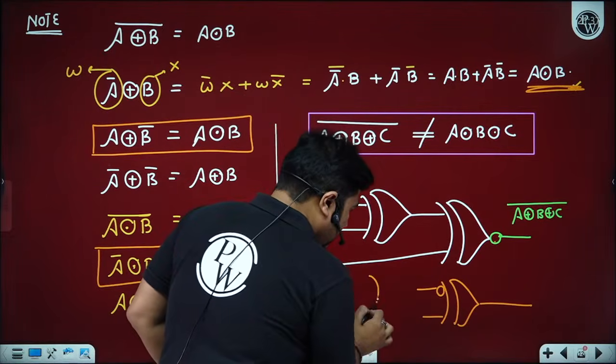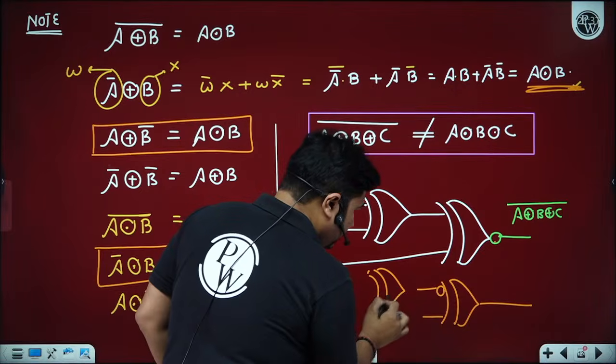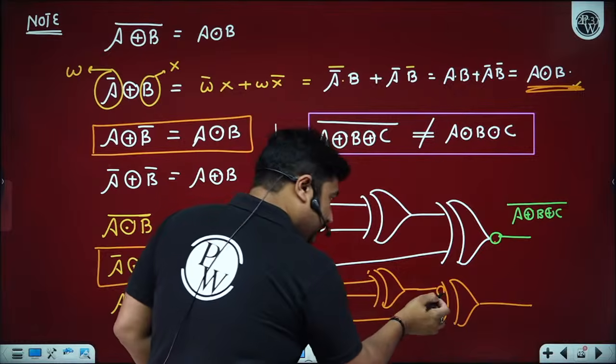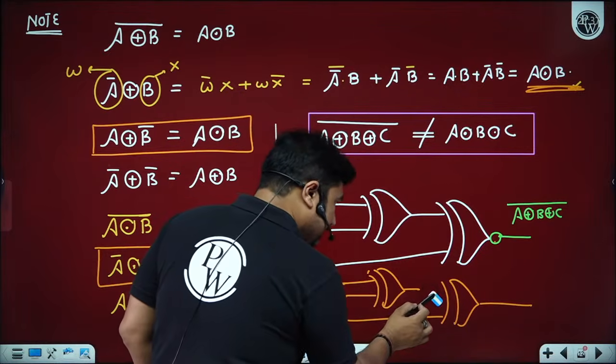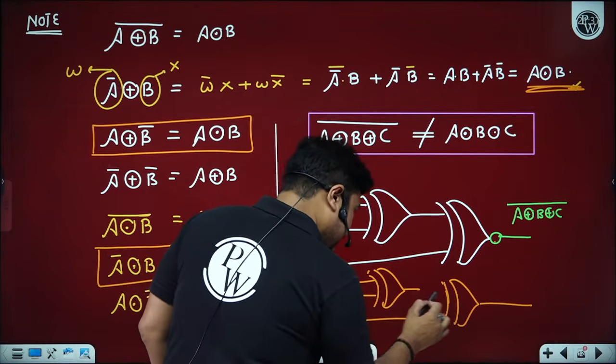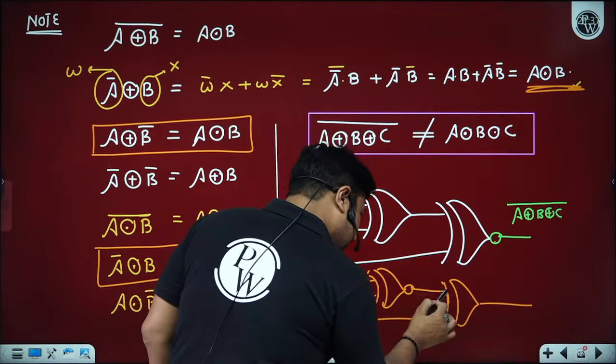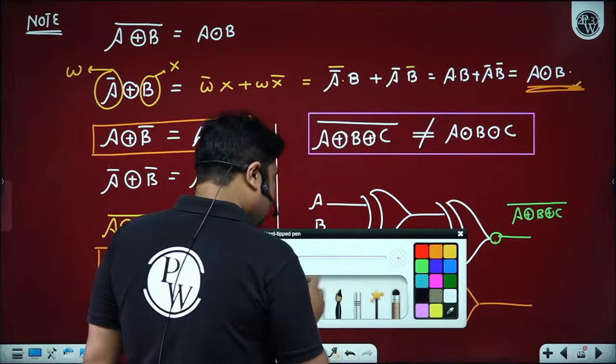Now, if you observe, can I put this bubble instead of representing it here? Will it affect the result in any way? No. So what will your result be now?